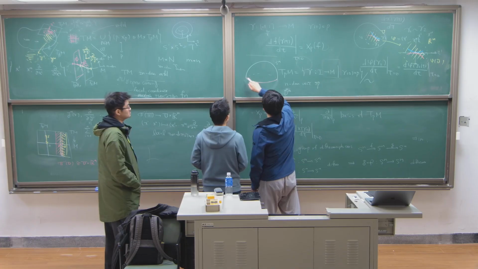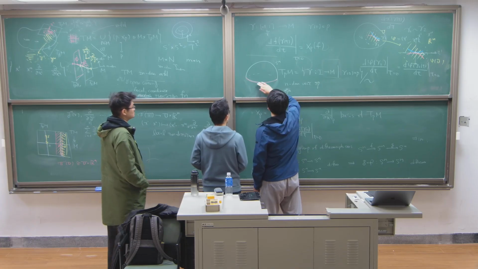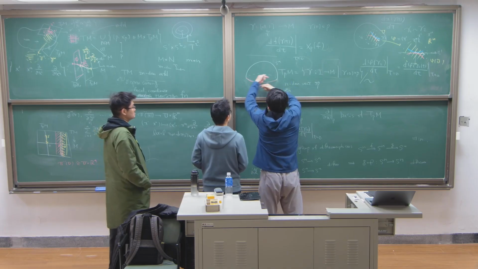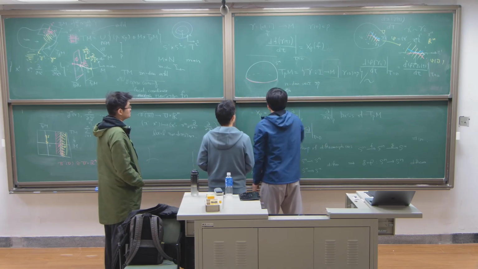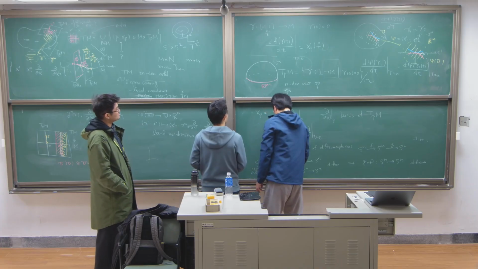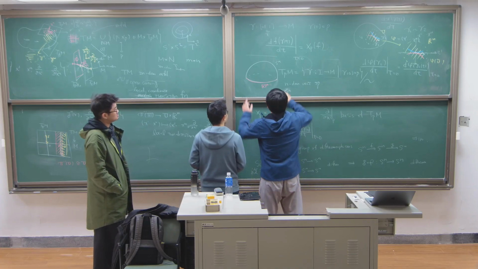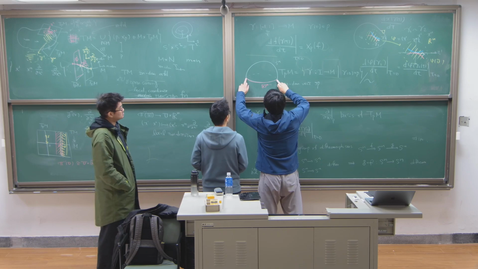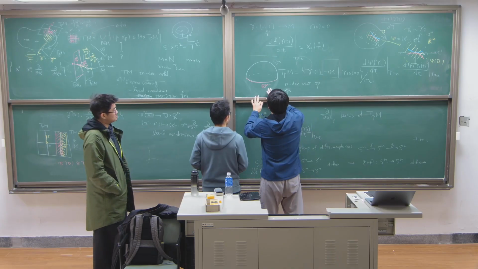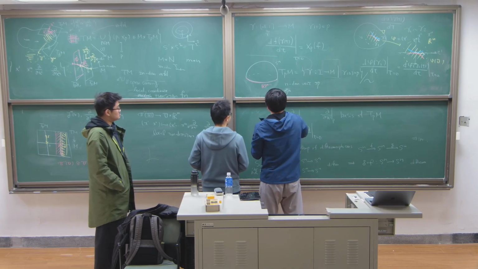And you just identify these two points. The red part and the opposite part are identified. You just identify like this. So this one is also RP^(n-1). So then, RP^(n-1) is again the same thing, right?